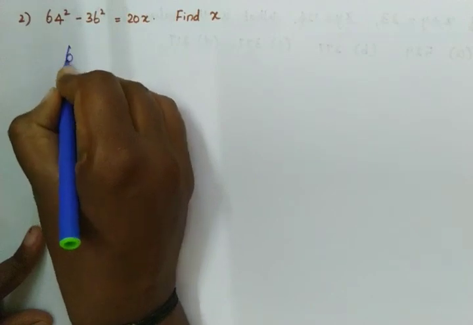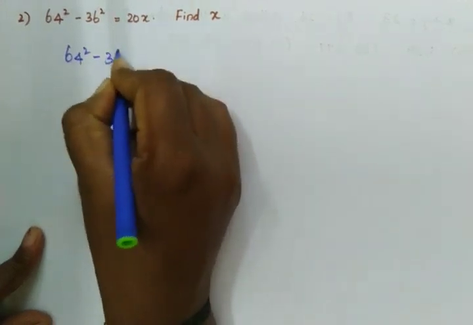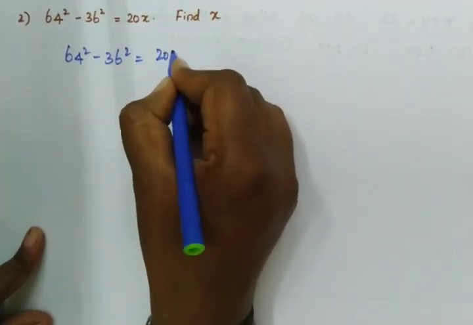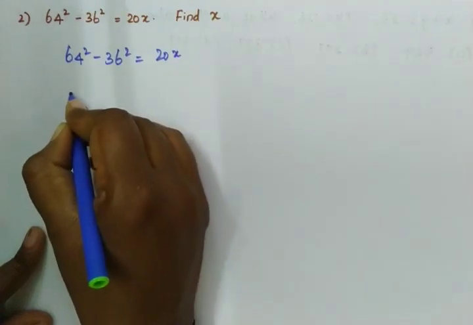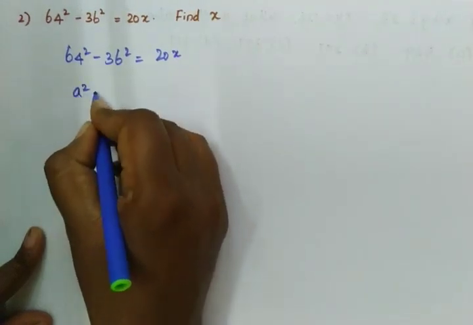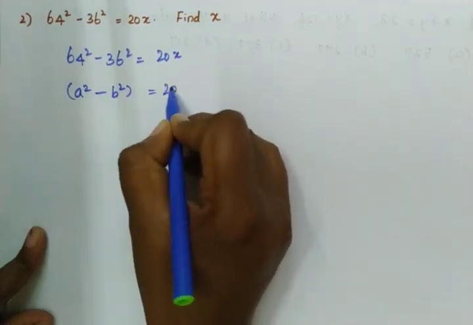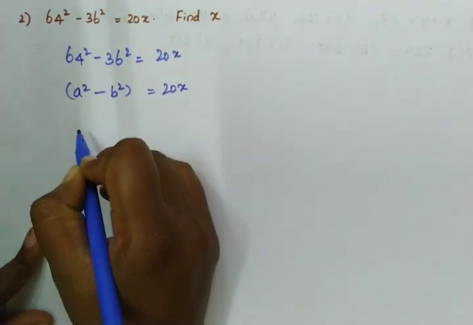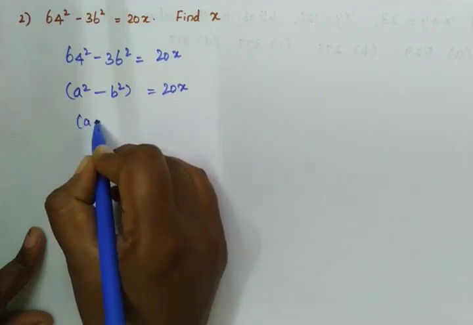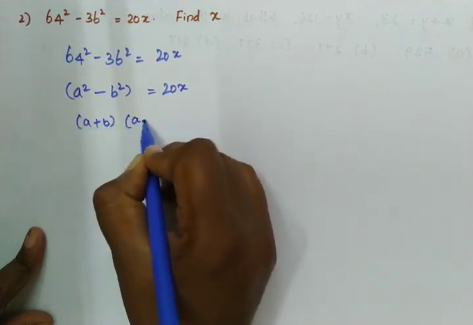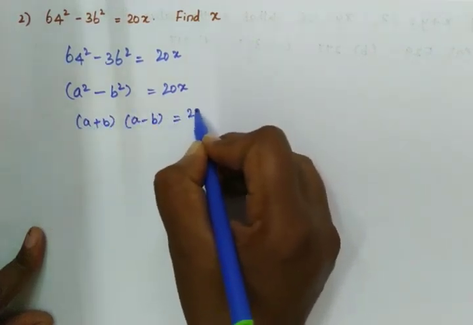So 64 square minus 36 square is equal to 20x. Now we can write this as a square minus b square, which is equal to 20x. And we know that a square minus b square can be written as a plus b into a minus b, which is equal to 20x.